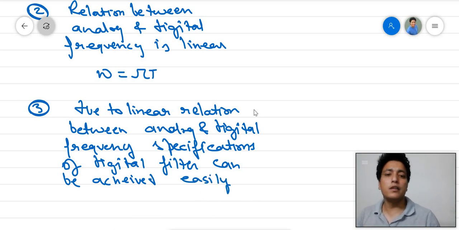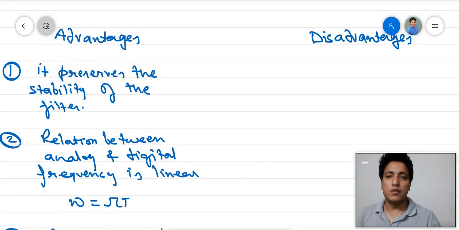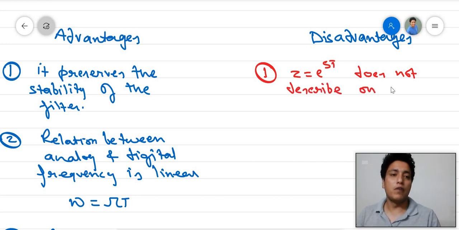Now we have seen the advantages of the impulse invariant method. Now we will see the disadvantages. So first disadvantage is z equals e to the power sT does not describe a one-to-one mapping.